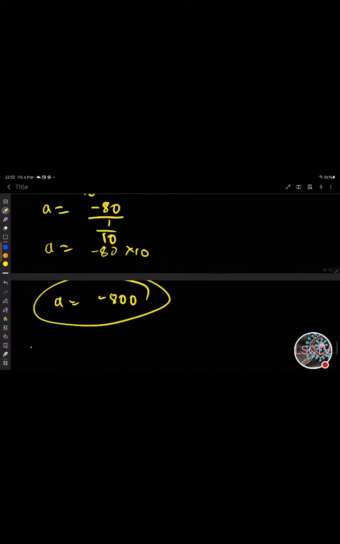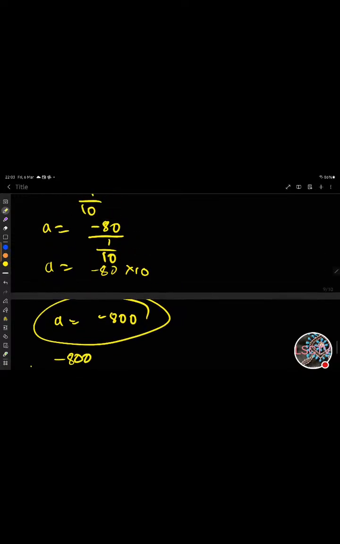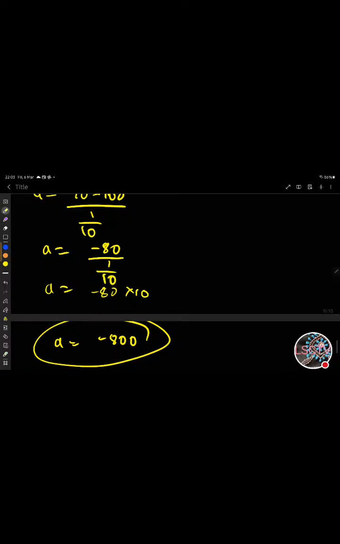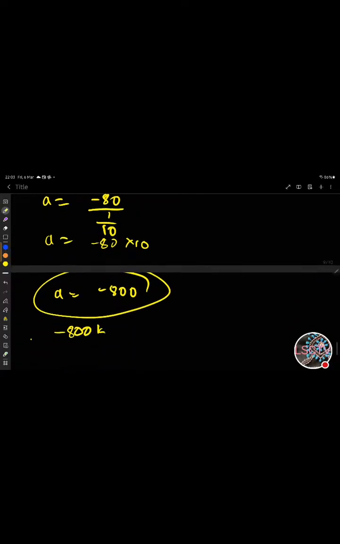Why is it not in meters? Every problem is a hassle. Minus 800, and okay, this is kilometer per hour, I know that.